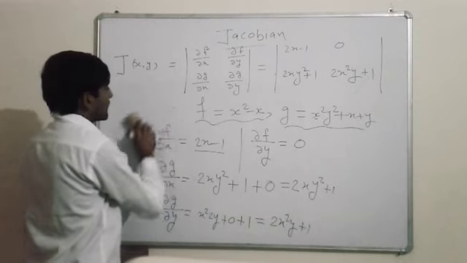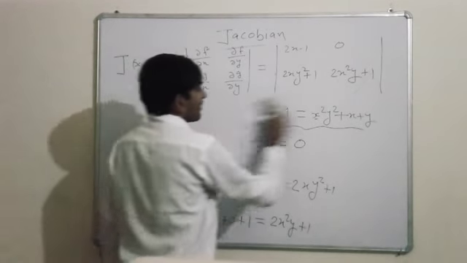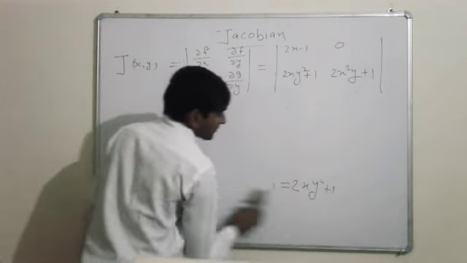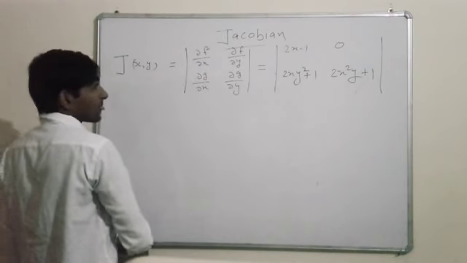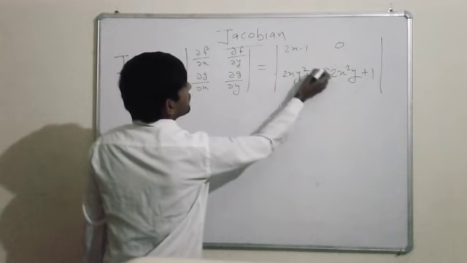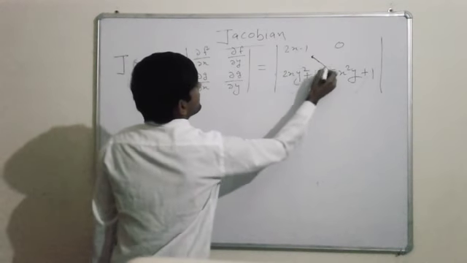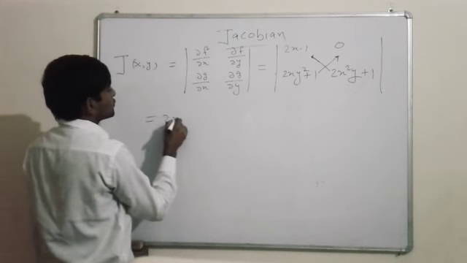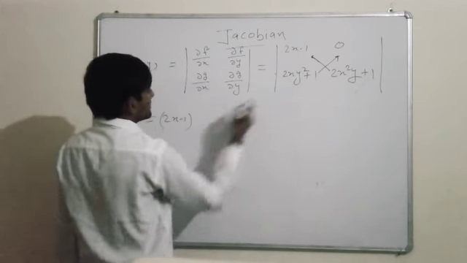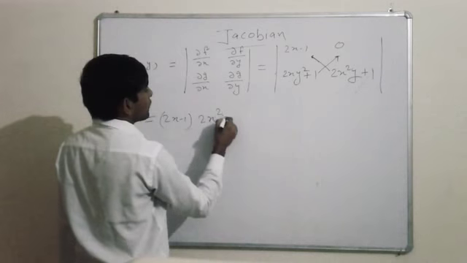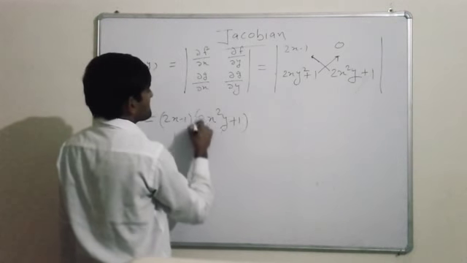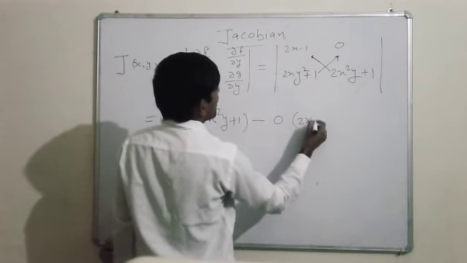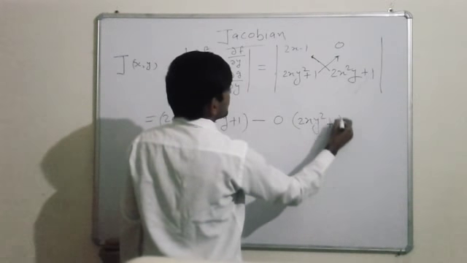Now we use the property of determinant. We find the determinant by cross multiplying. That means 2x minus 1 multiplied by 2x square y plus 1, minus 0 multiplied by 2x y square plus 1.